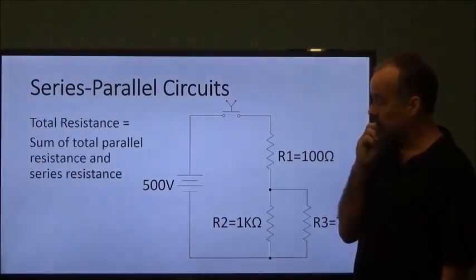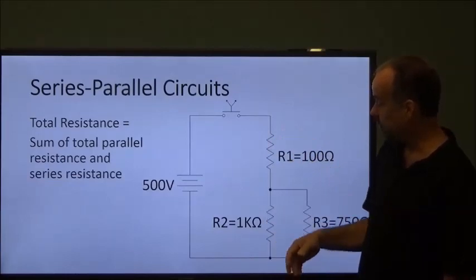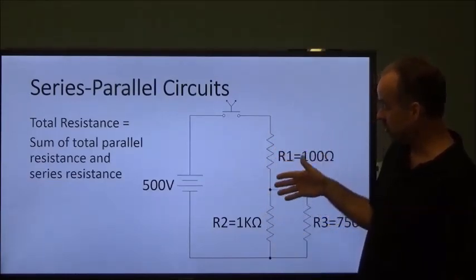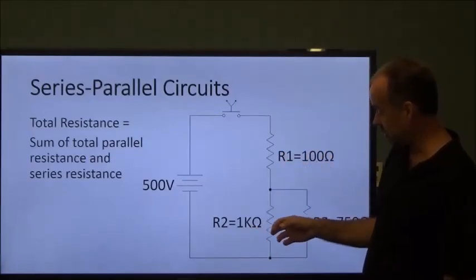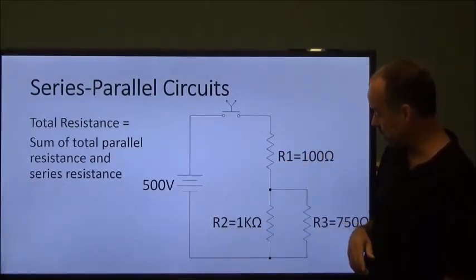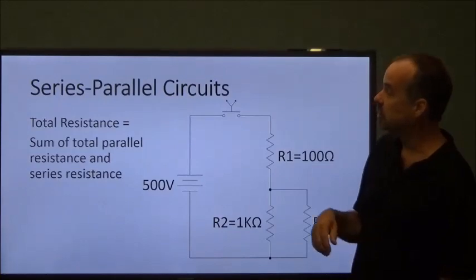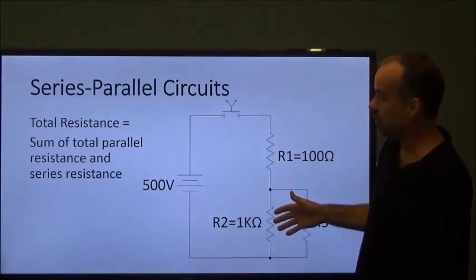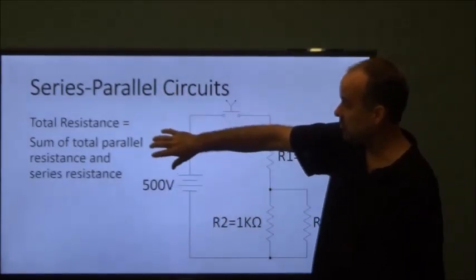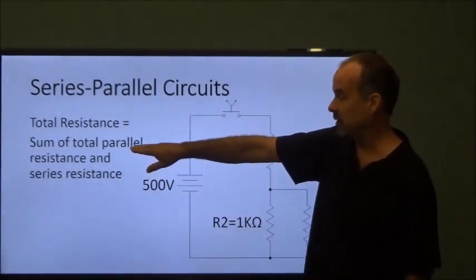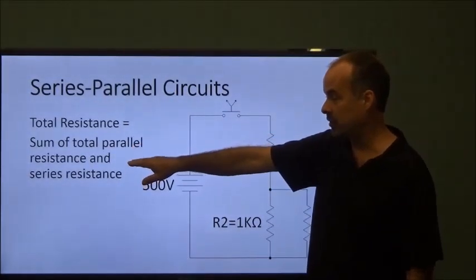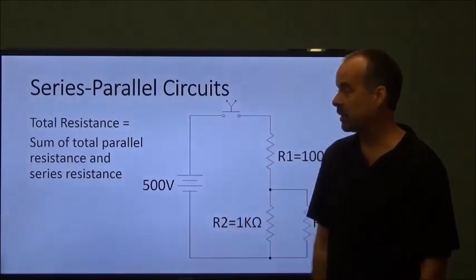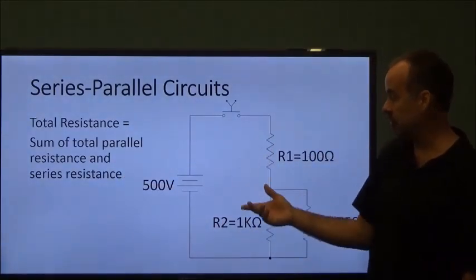The next thing we want to determine is the total resistance. Like I said before, it's a series-parallel circuit, so I have loads in series, and then a parallel network built into one of the loads. To break this down, the total resistance of a series-parallel circuit is the sum of the total parallel resistance plus the series resistance.